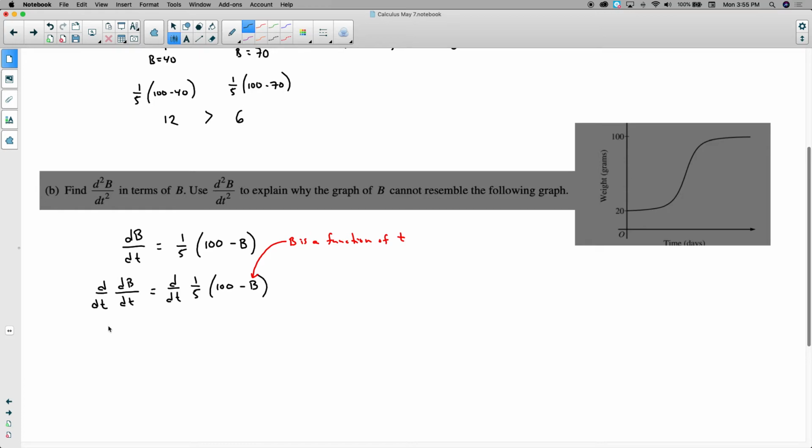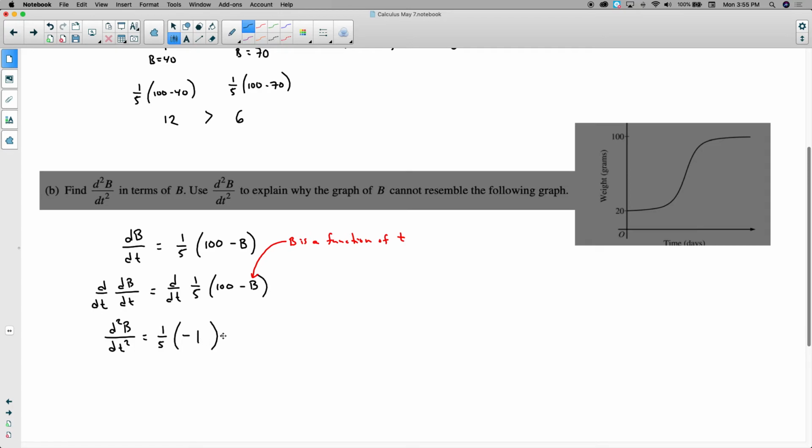All right, so let's roll this out. Over here we have exactly what we're looking for, the second derivative of b. And over here, we need to pluck out the constant. We can leave that constant there. And then we're going to take the derivative of 100 minus b, treating b like a single variable, though it's really some t stuff. Then we get a negative 1.